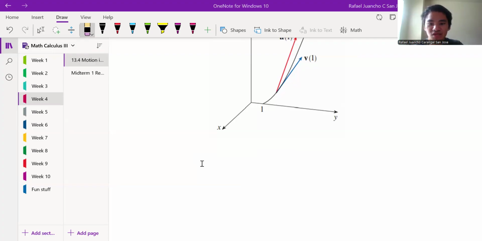So it can be used to find position vectors when velocity or acceleration vectors are known. Okay, let's look at that example.